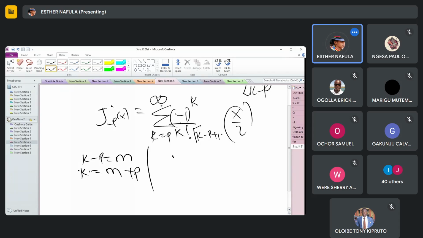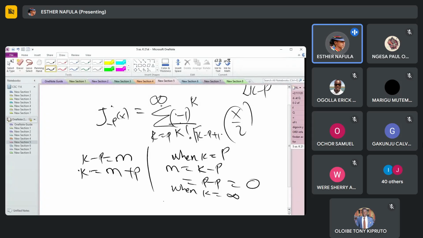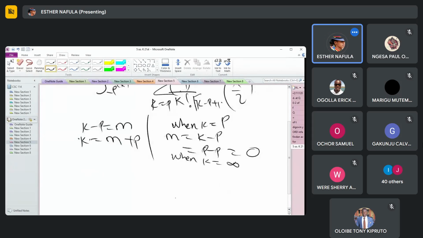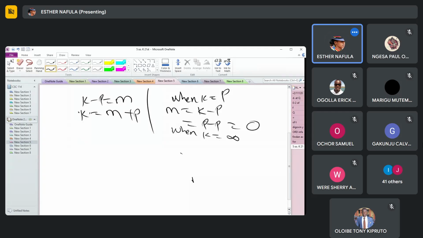equals infinity. When k equals p, then m is k minus p. This will be p minus p, so m will be 0. When k equals infinity, what will be our m? m will be infinity minus p, a very big number minus something.